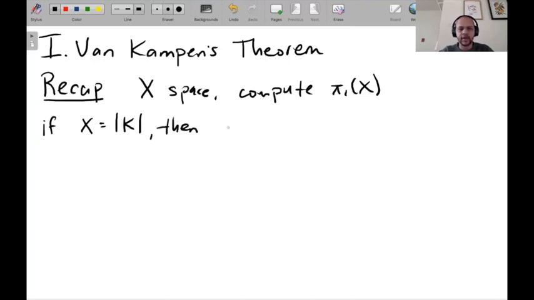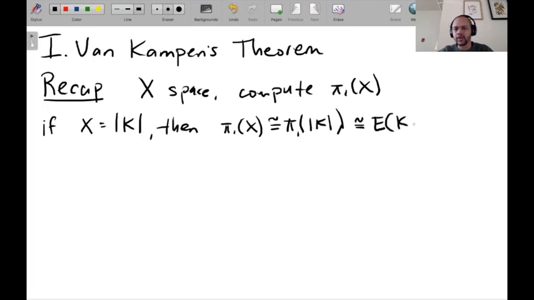as we discussed last week, the fundamental group of X is isomorphic to the fundamental group of this geometric realization, which is isomorphic to what's called the edge group, where you look at combinatorial loops rather than topological ones.